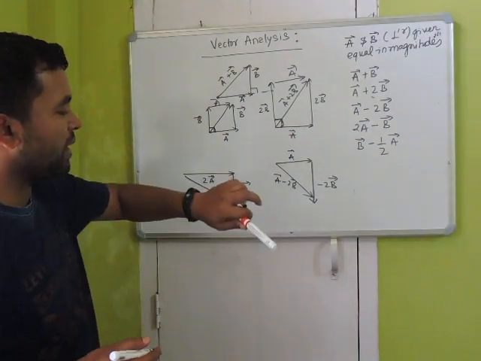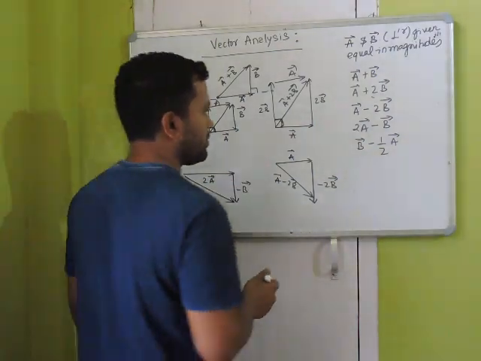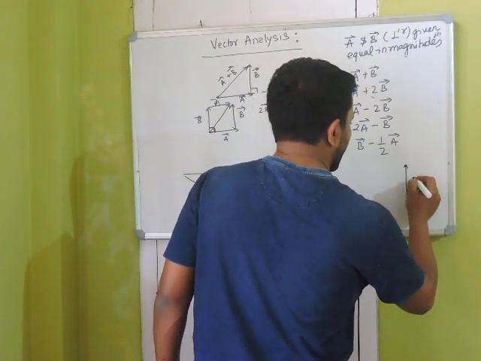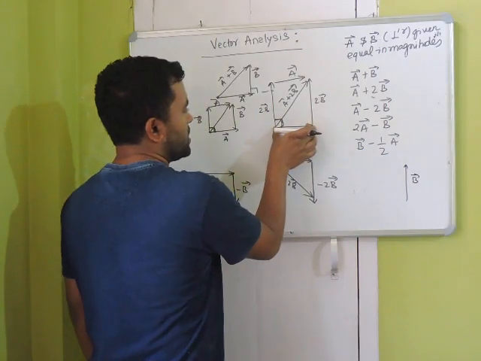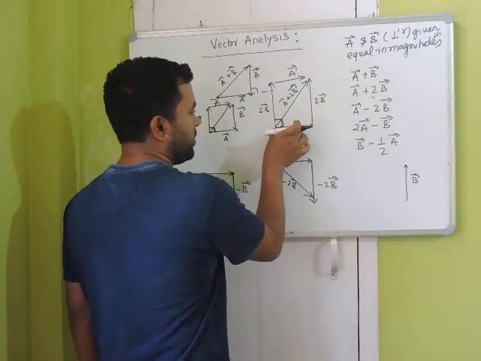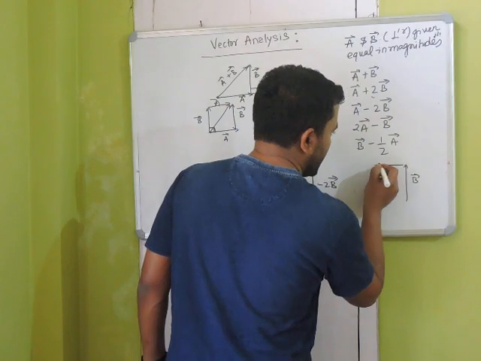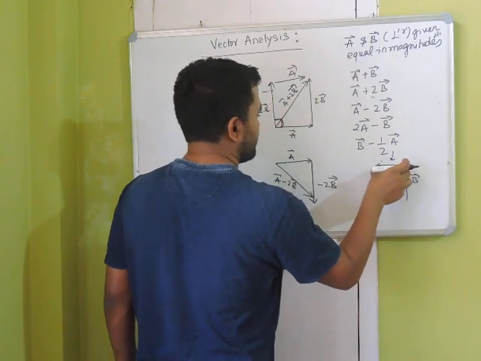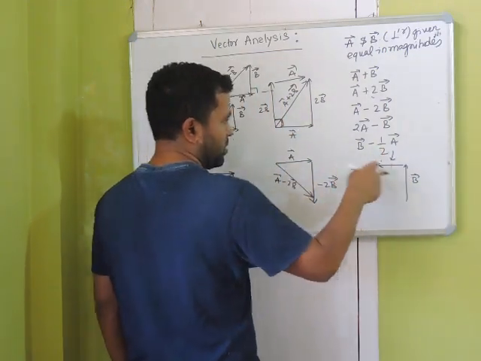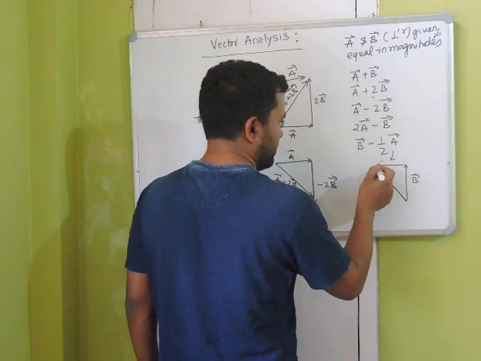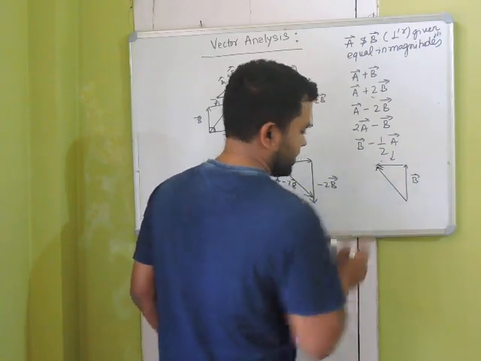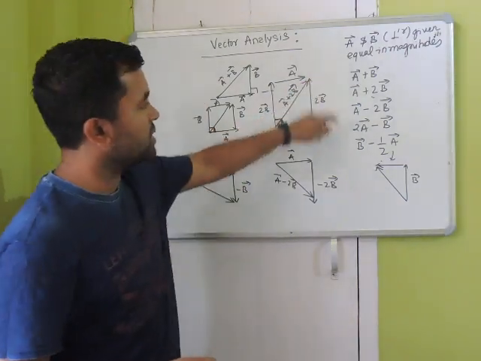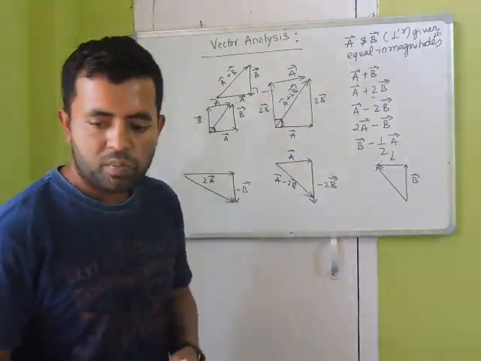And the last, B minus half A. So B is this, A is this, minus half A, half of this. So I am putting it here. This is minus half A, going in this direction. So B minus half A will be this. These are the ways to draw these results.